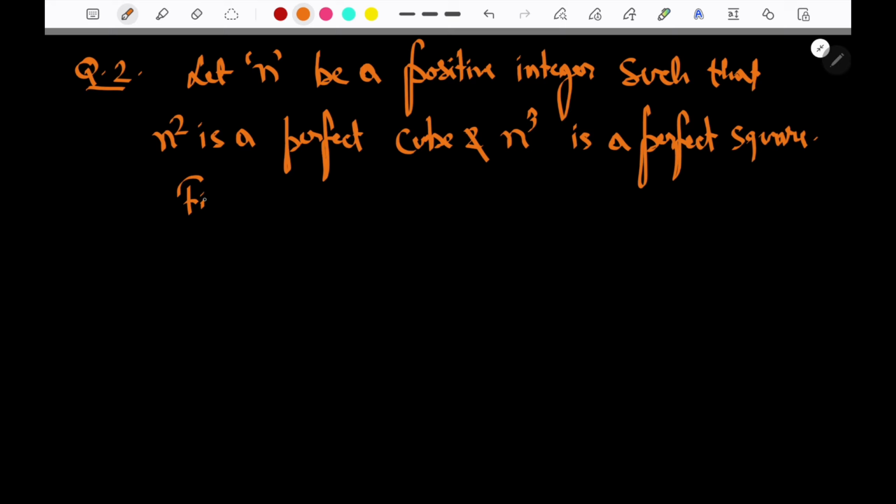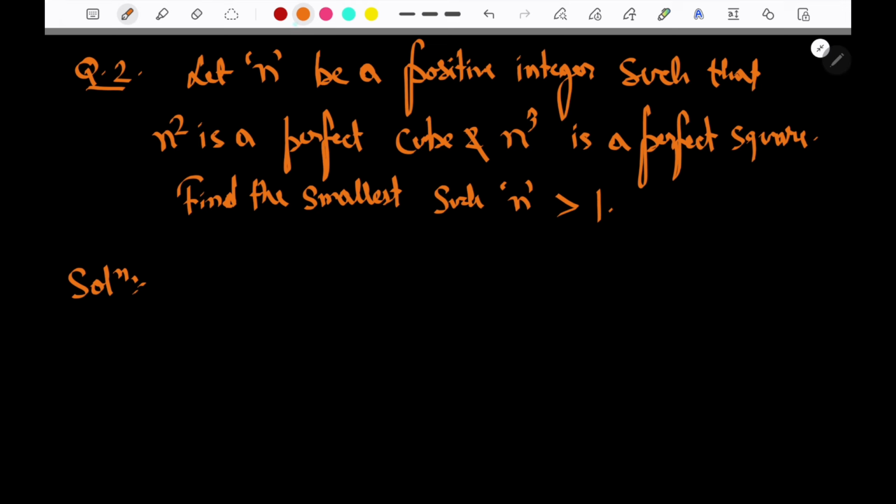Find the smallest such n that is greater than 1. So please read the question carefully. Let n be a positive integer such that n square is a perfect cube. Superb. And n cube is a perfect square. Superb. Find the smallest such n which is greater than 1.